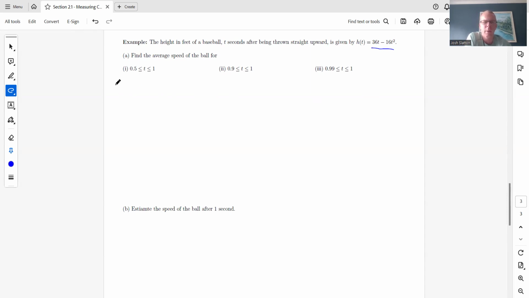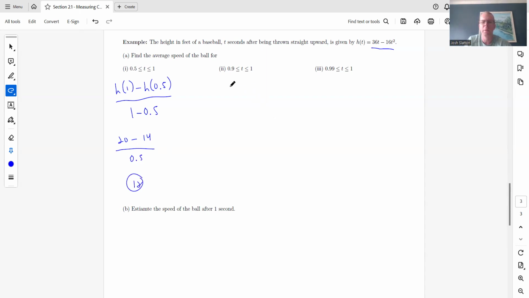So let's do this one. This would be h of 1 minus h of 0.5 over 1 minus 0.5. That would be 20 minus 14 over a half, which gives us 6 over a half, which is 12.